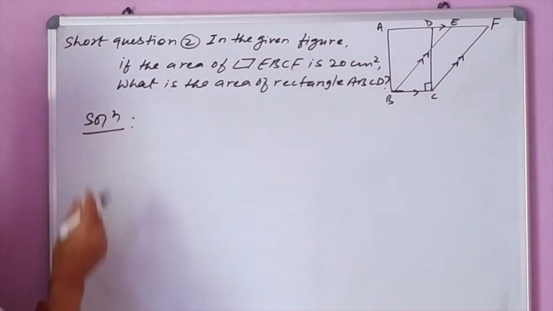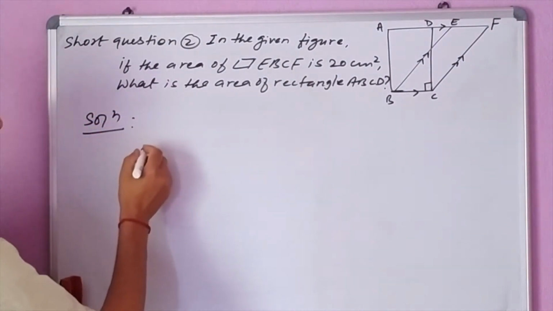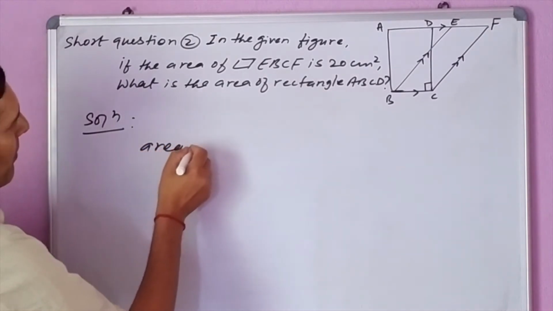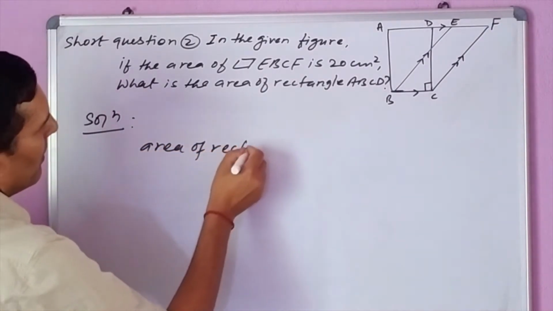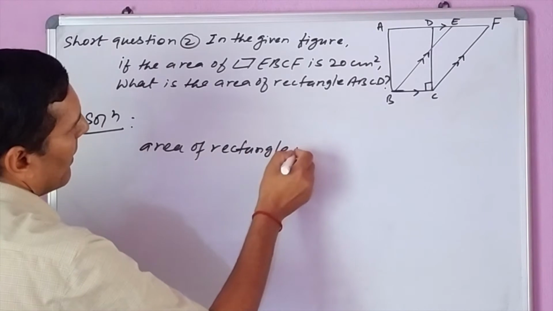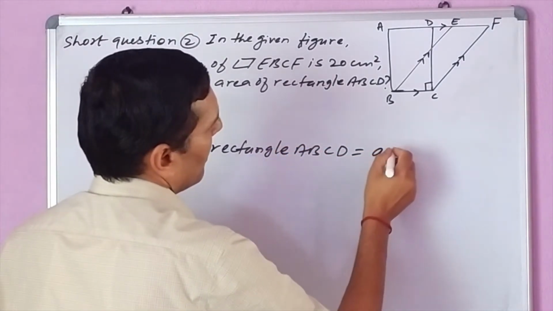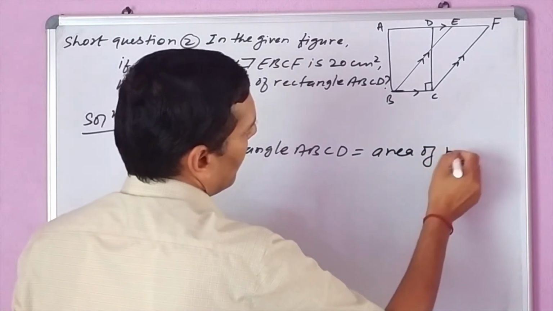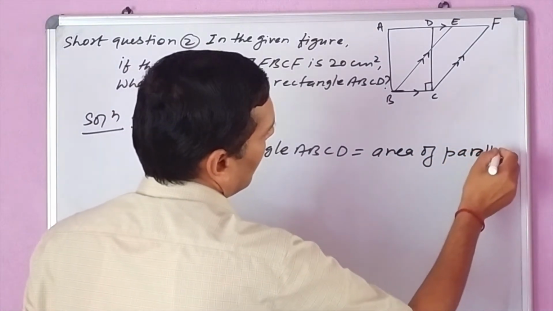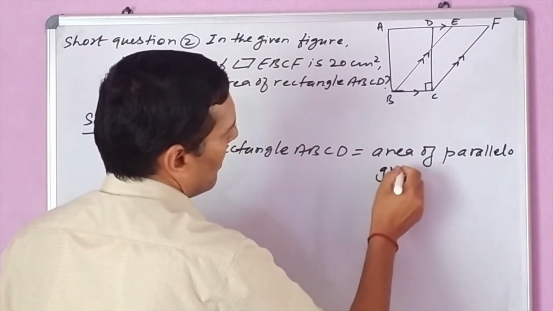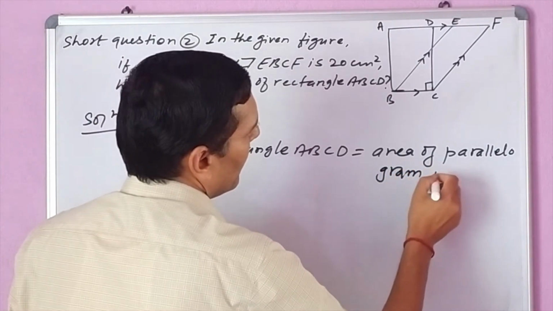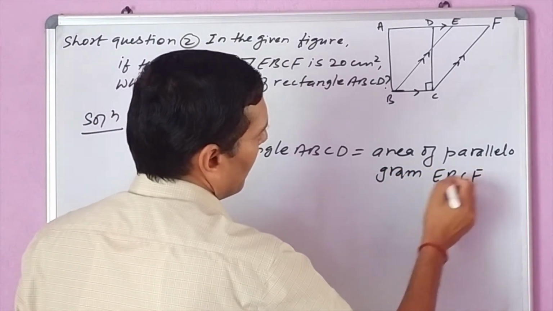So solution: area of rectangle ABCD is equal to area of parallelogram EBCF.